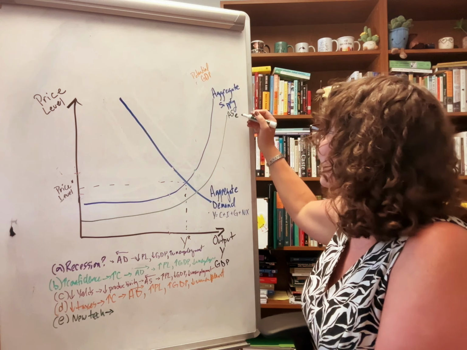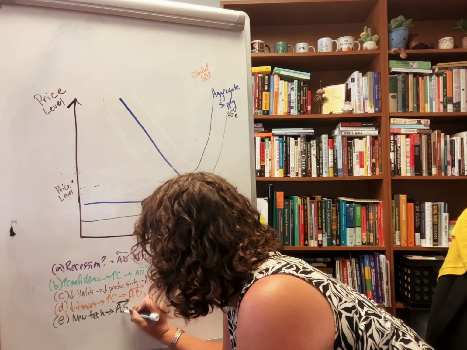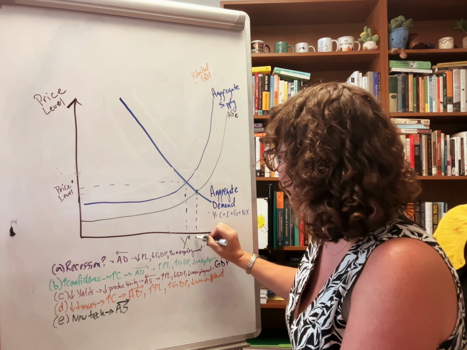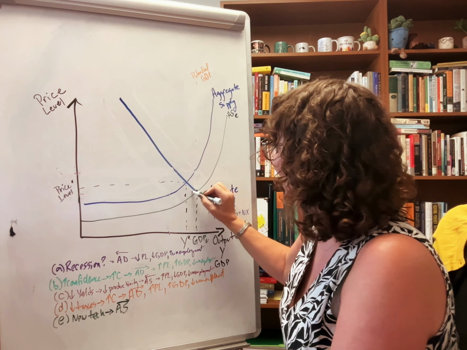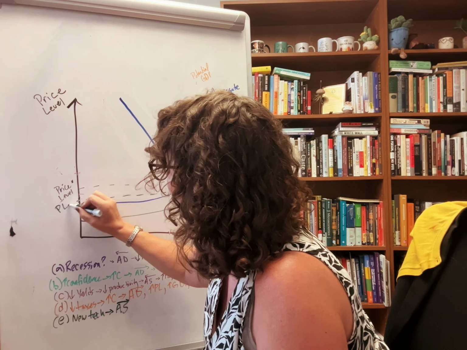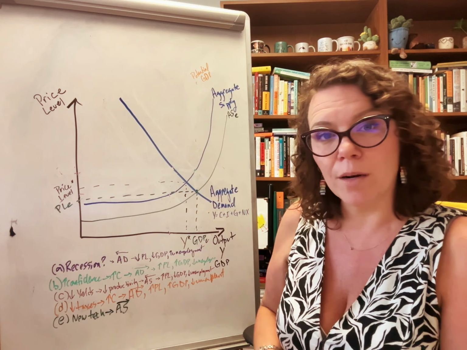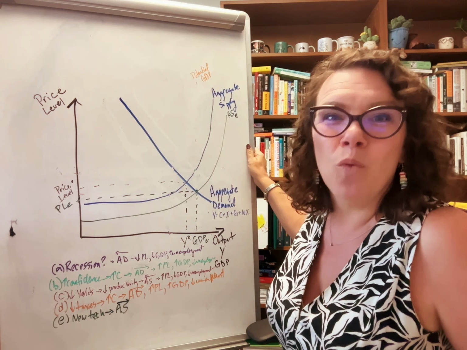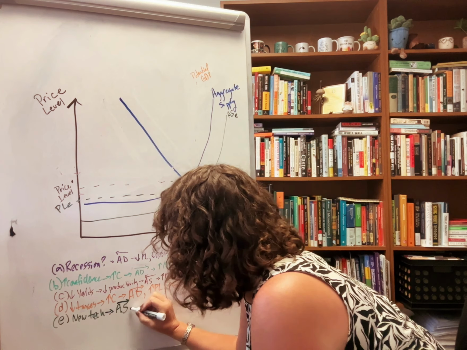But what we're going to see is aggregate supply is going to shift out, and we're going to get a new higher level of GDP, and the price level's going to go down. Things are going to get cheaper, and we're going to have more of them, and we're going to have lower unemployment. So when we grow our economy with aggregate supply, we're really happy. That's really good news because it gives us the best of all possible worlds, right?